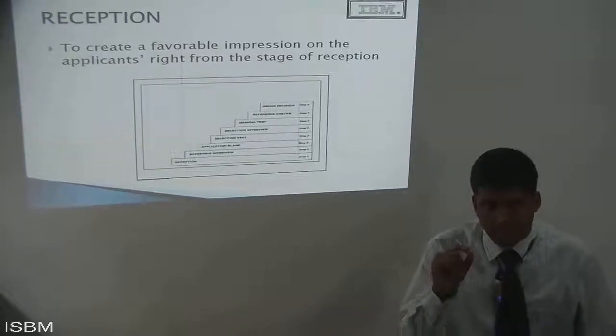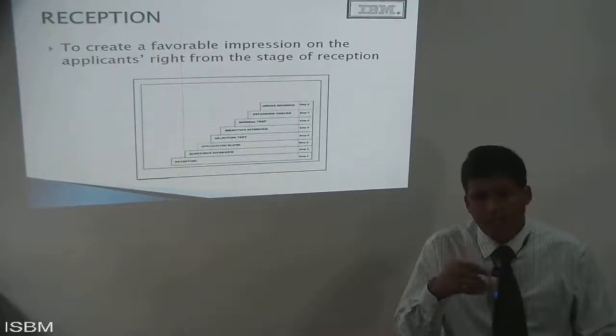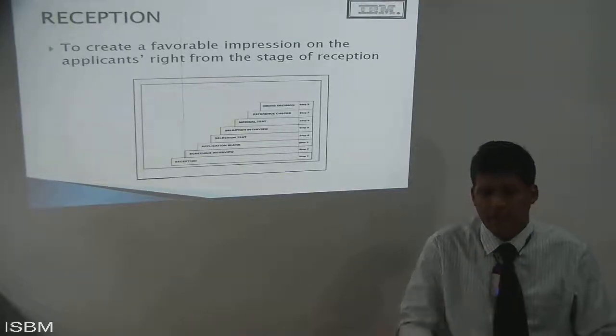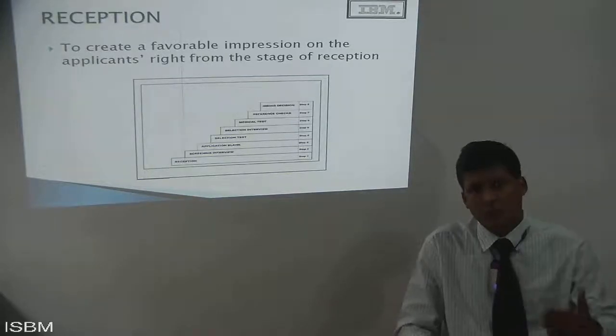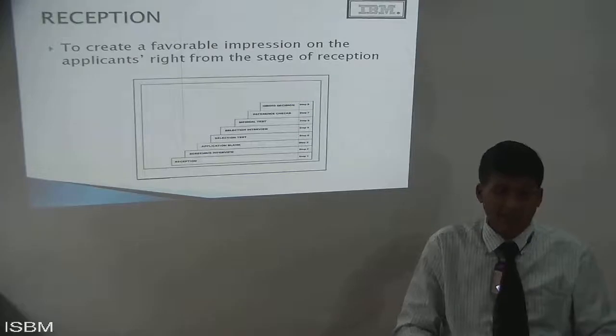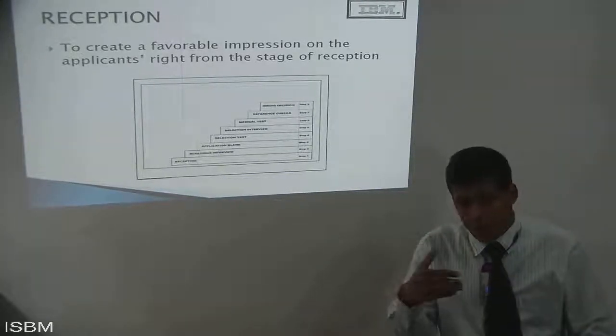When we say reception, it is to create a favorable impression on the applicant right from the stage of reception. Reception is to receive. It comes from the word to receive. Receive is a verb and reception is a noun for the same word. So how do you receive?